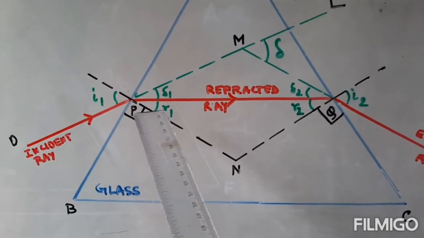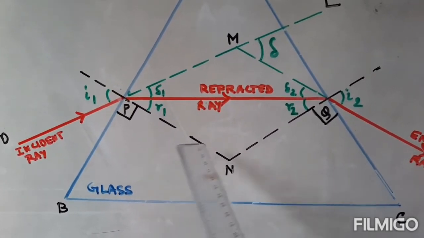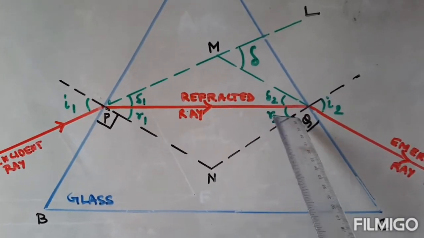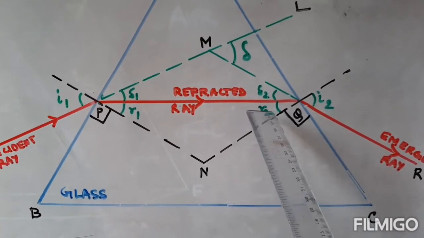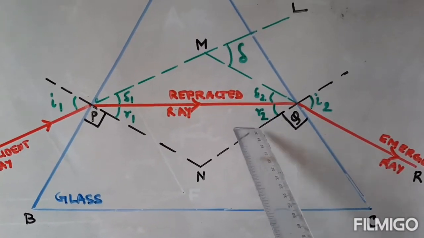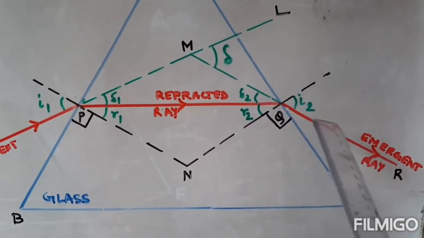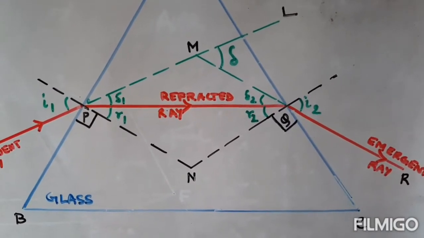The angle of refraction between the refracted ray and the normal is R1. When the refracted ray strikes the second refracting surface, the angle we get is R2, and the emergent ray makes an angle I2 with the normal.